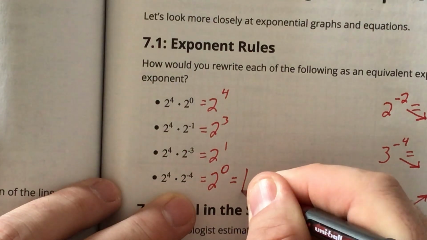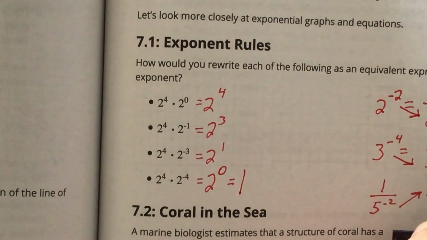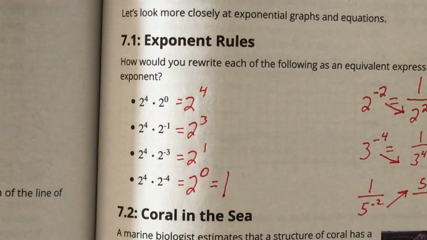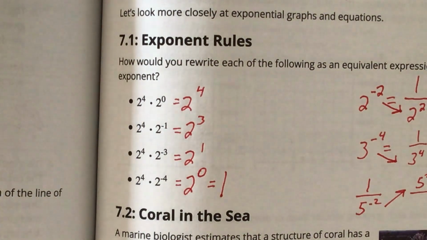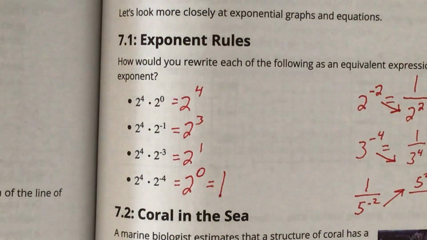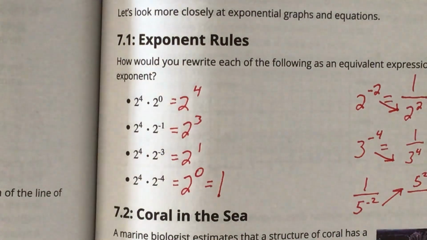And remember, anything to the 0 power is 1. So those last ones had negative exponents, but that does not mean a negative number.